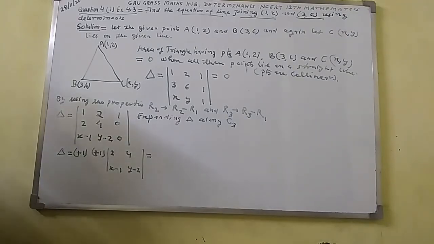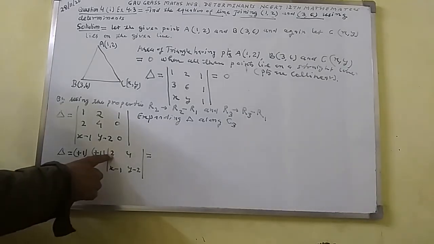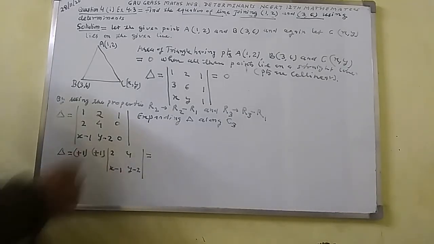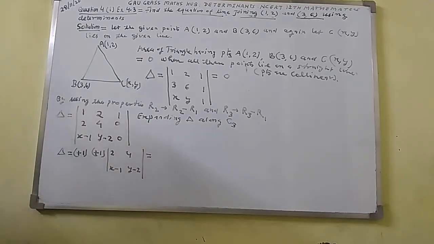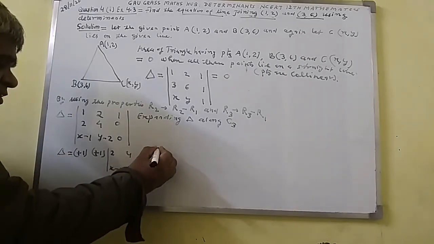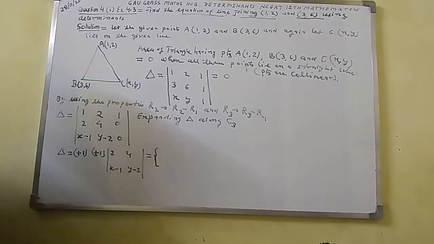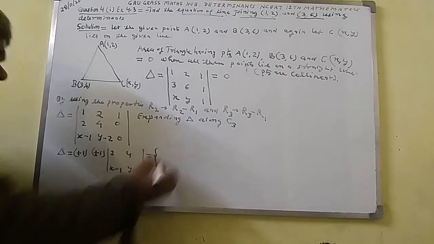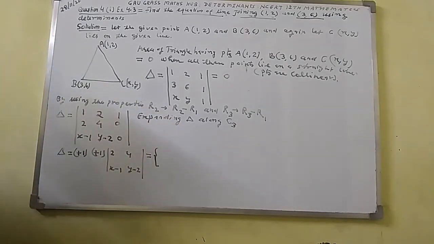And here you can see in minor the elements of principal diagonal are 2 and y minus 2. The elements of principal diagonal will get multiplied together. So here open curly bracket. The elements of principal diagonal are 2 and y minus 2.